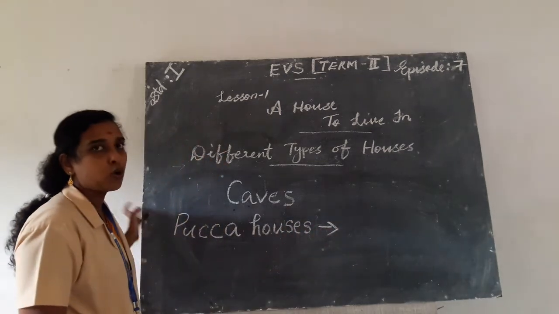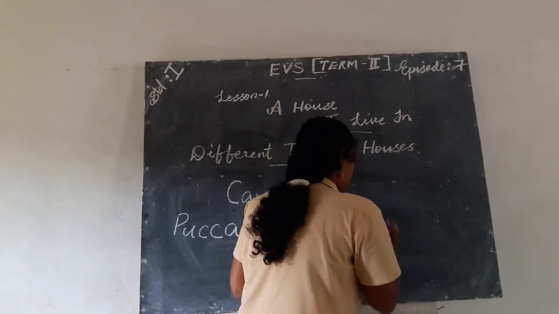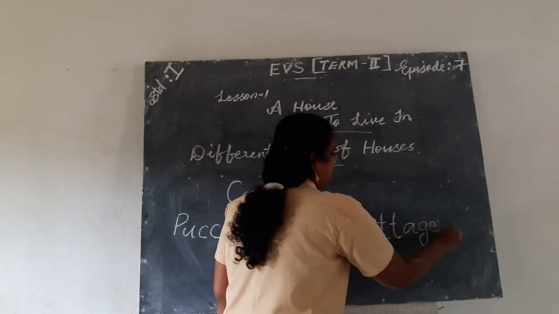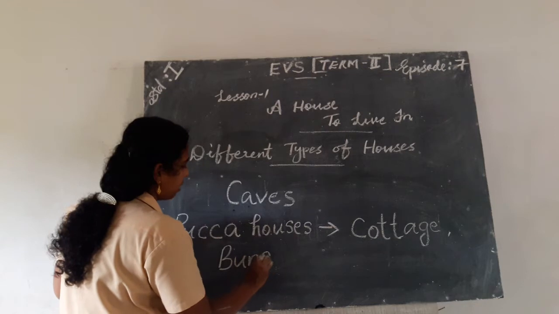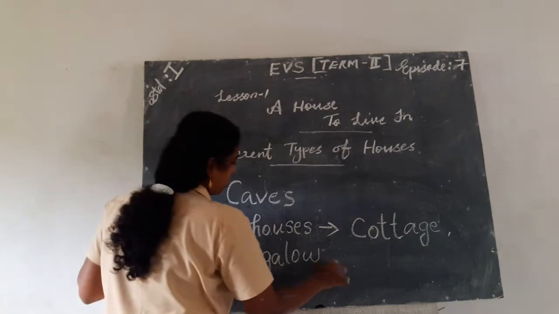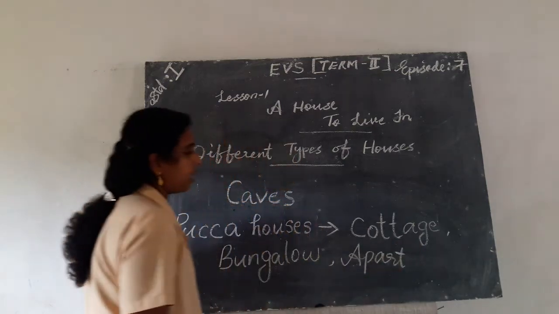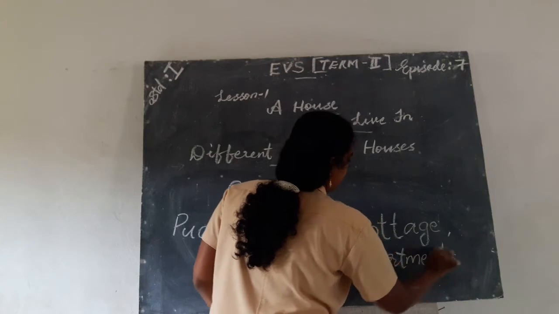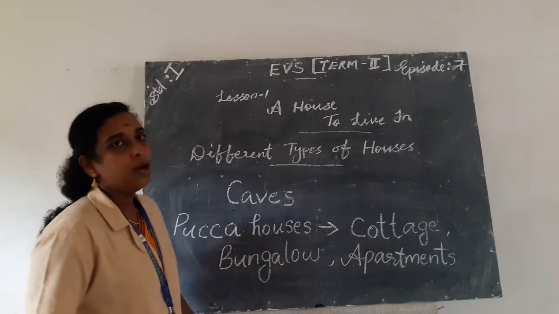And the pakka houses are cottage, C-O-T-T-A-G-E, then bungalow, B-U-N-G-A-L-O-W, and apartments, A-P-A-R-T-M-E-N-T-S. Cottage, bungalow and apartments are called pakka houses.